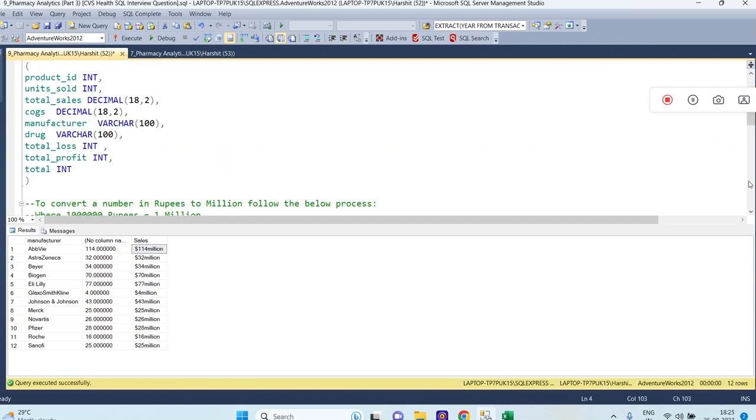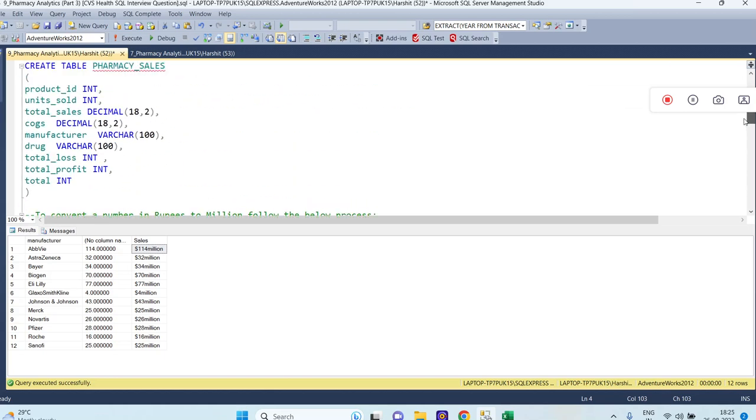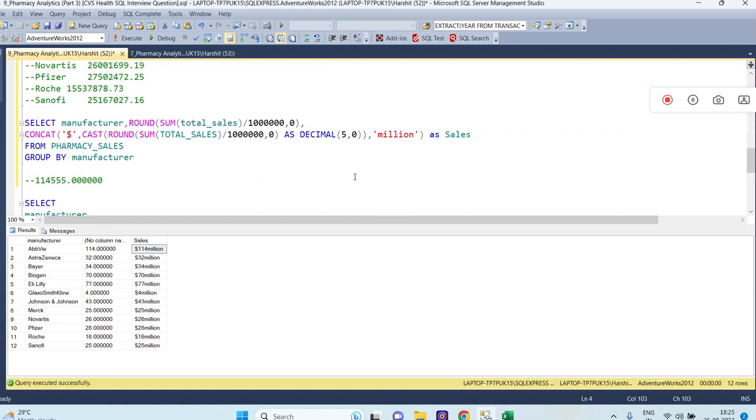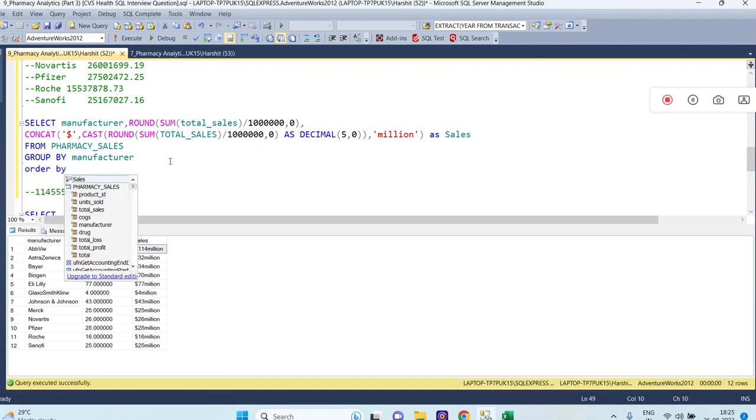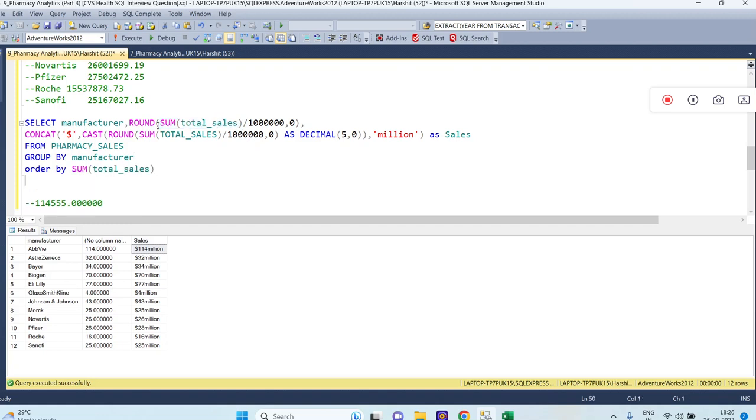So we need the highest value at the first place, then the second highest value at the second place, like that. So we can do order by total sales, and we can use descending. So now the highest sales will become first, then the second highest will become second, the third highest will become third place.